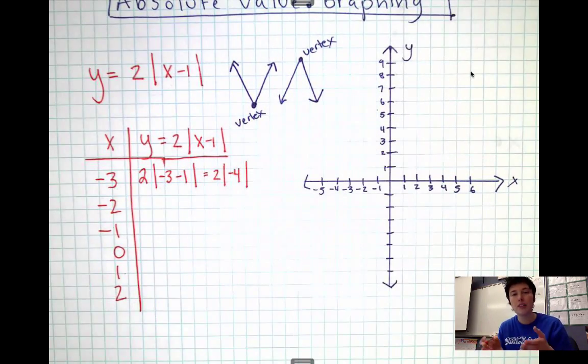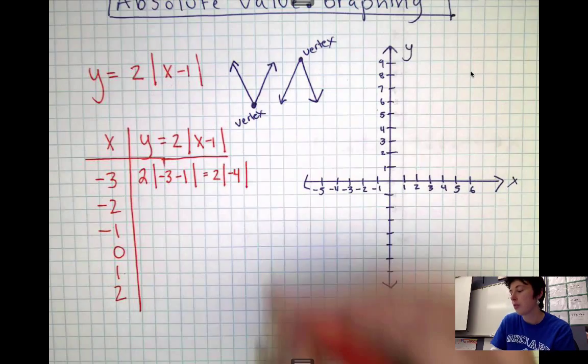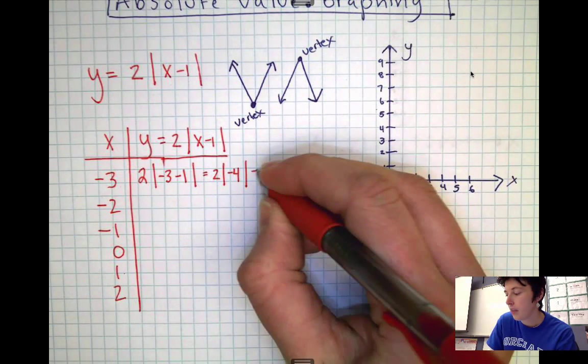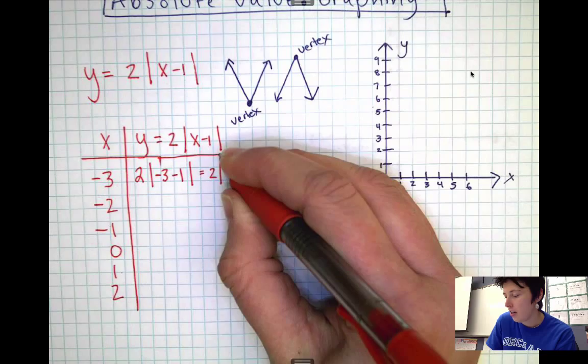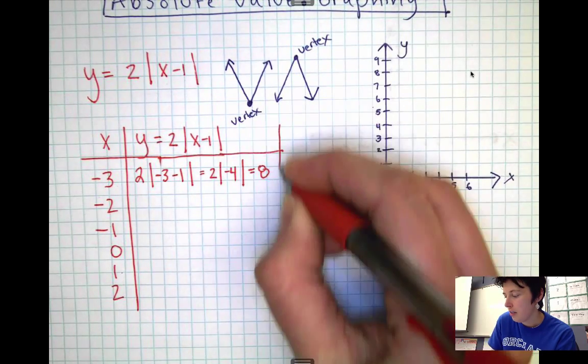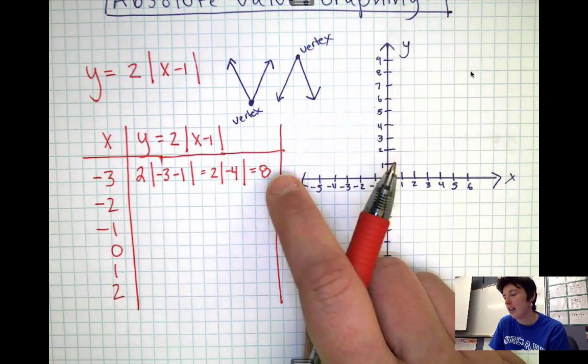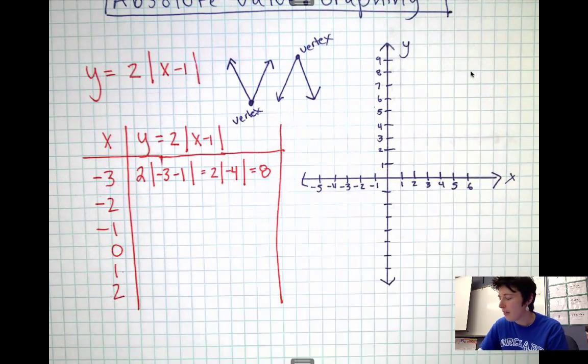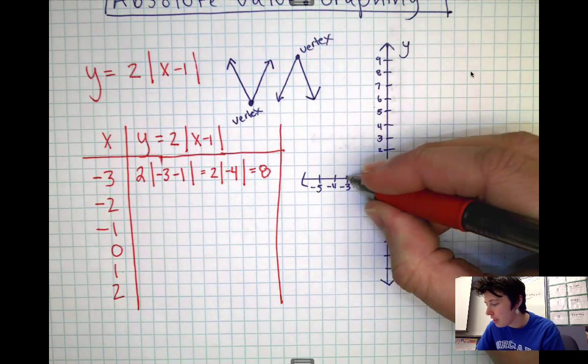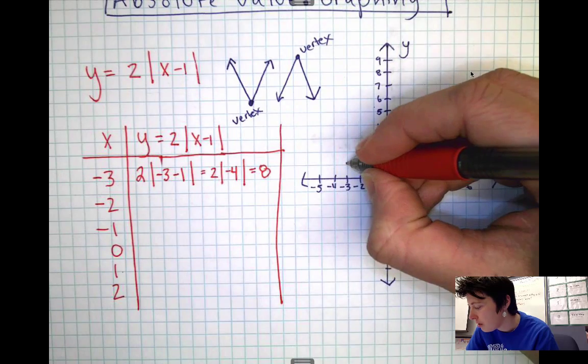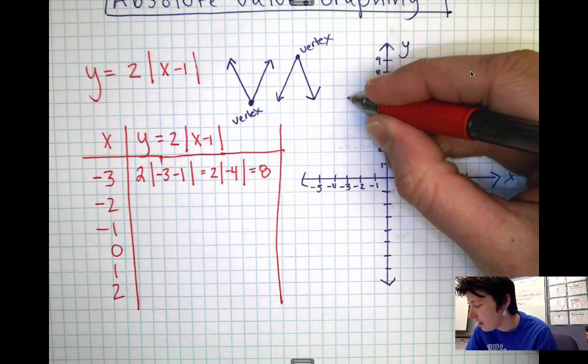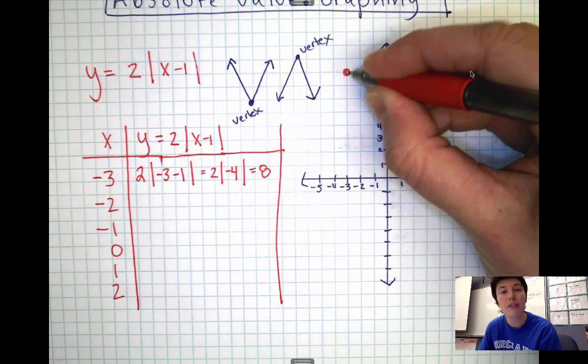And absolute value of -4 is +4. So 2 times 4 is 8. All right. So here is my first table value. I got 8. So on my graph, at -3, there's a value at 8. 1, 2, 3, 4, 5, 6, 7, 8. And there's my first point.